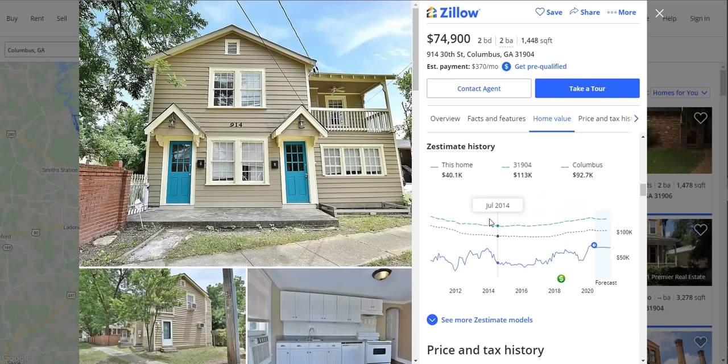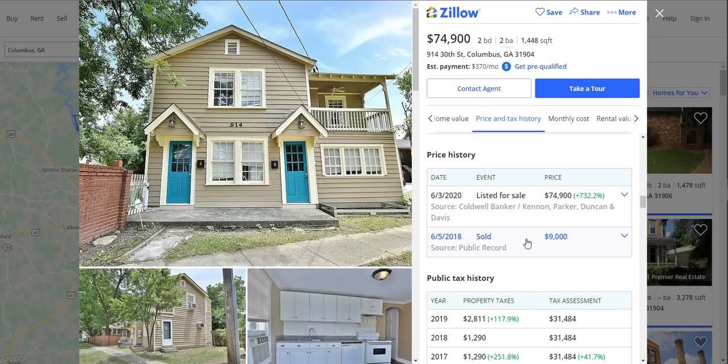Zillow also gives you a little bit of home value history, and it compares it to the home prices for the zip code and for the city in which it's located. And you can see the blue line down here is the value for this particular property. These other two lines represent the value for the zip code and for the city.